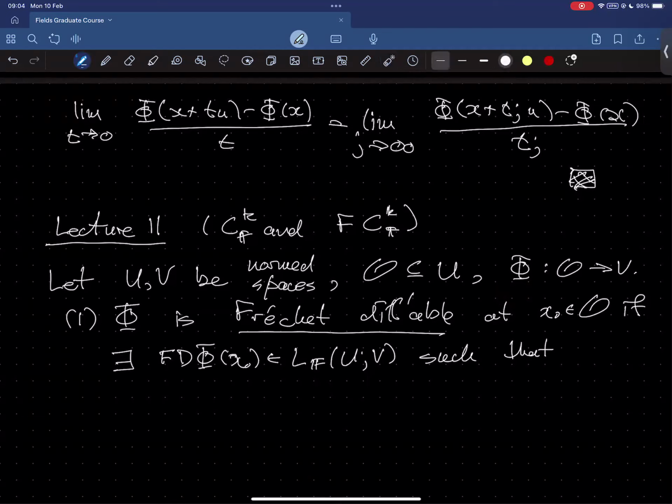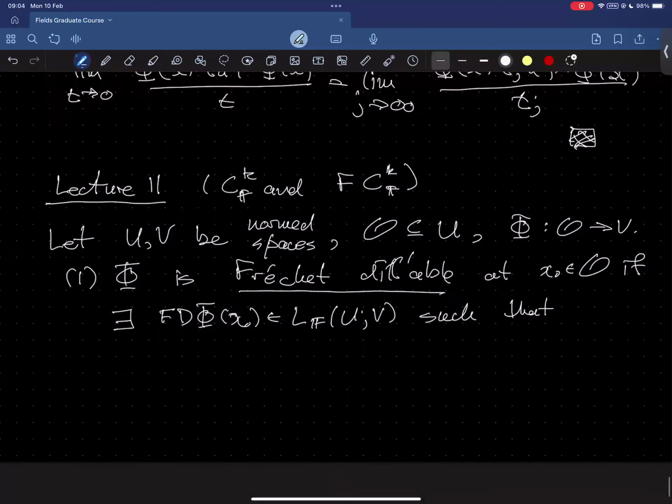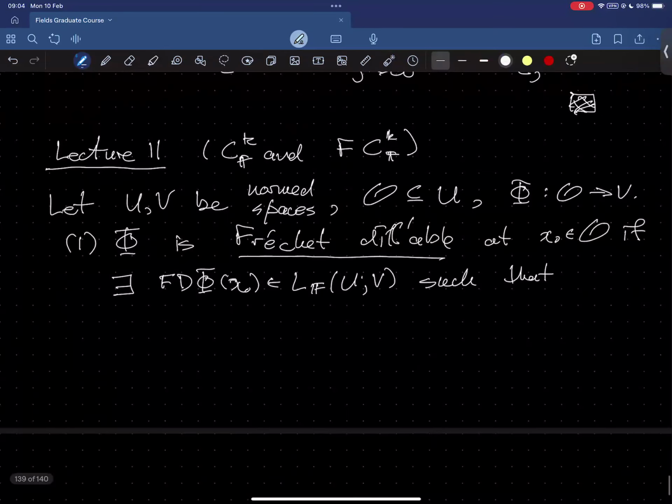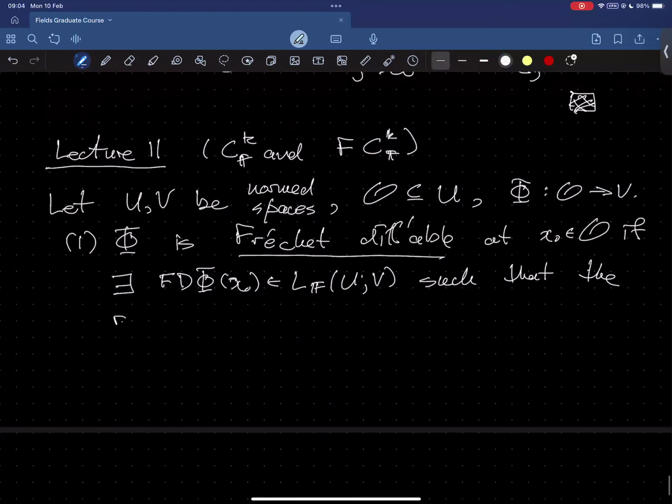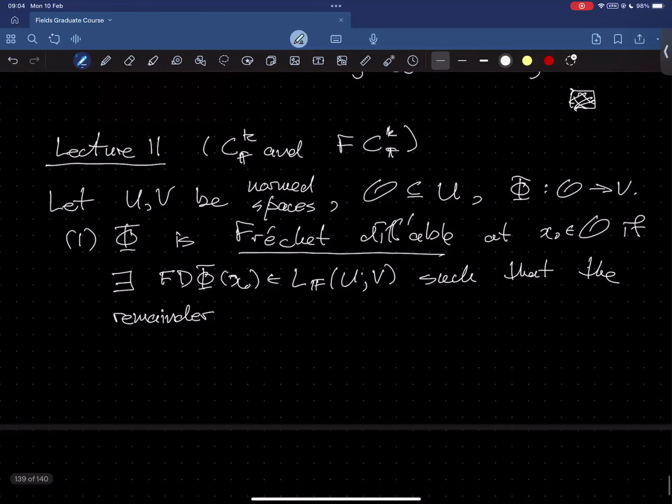And I'm going to say that in a slightly different way, although it's pretty clearly equivalent, such that the remainder, okay, so the remainder is the function minus the zeroth and first order Taylor terms, right? And I'm going to call this R phi x naught.